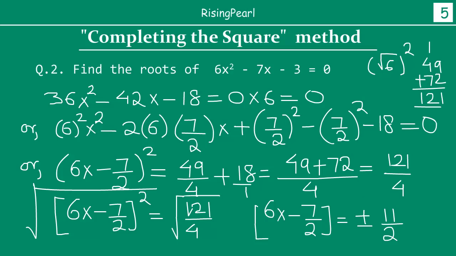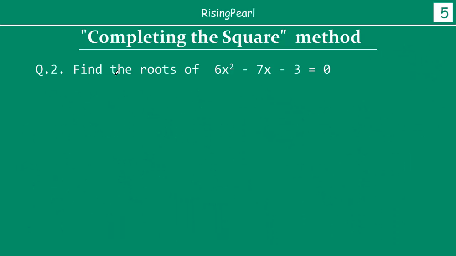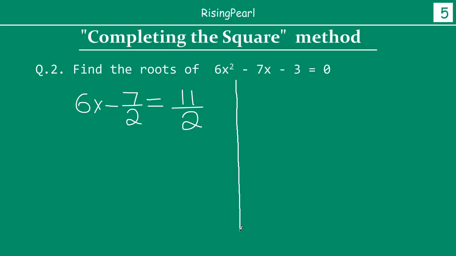So we have 6x minus 7 by 2 equal to 11 by 2, and the other one is 6x minus 7 by 2 is equal to minus 11 by 2.